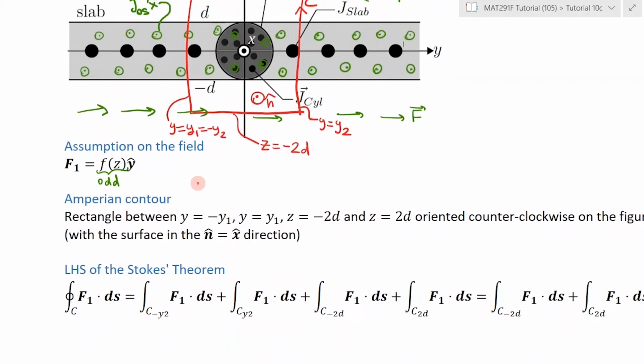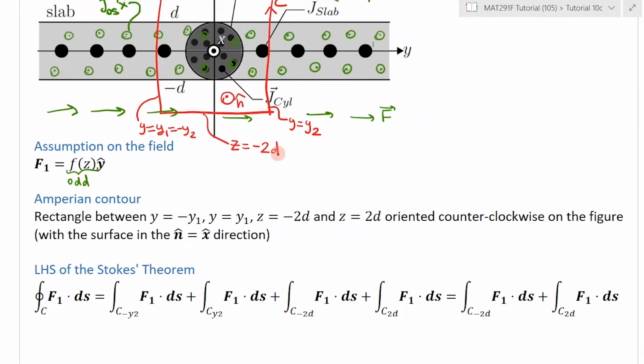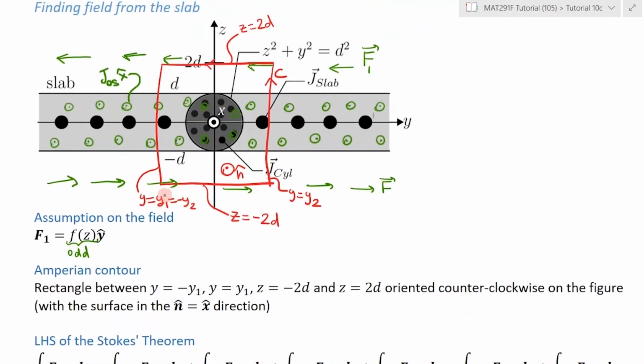Let's evaluate the left-hand side of the Stokes theorem. This is the contour integral of the field dot ds. This can be broken down into 4 integrals, corresponding to each of the portions of the contour.